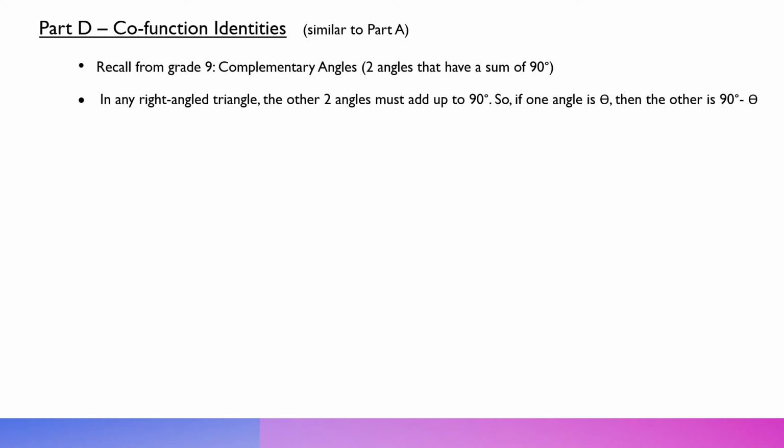If I have a right angle triangle right there, and this corner is 90 degrees, and this is x and this is y, x plus y have to add up to 90 degrees, because the total sum has to be 180. So if one angle is theta, if I change this x or this y up here to a theta, then the other angle must be 90 minus theta.